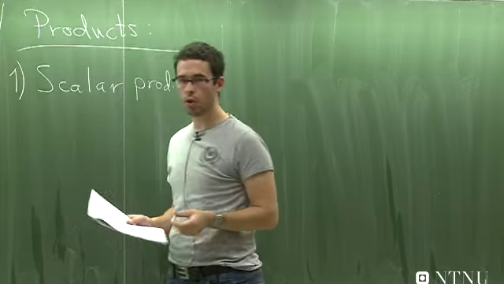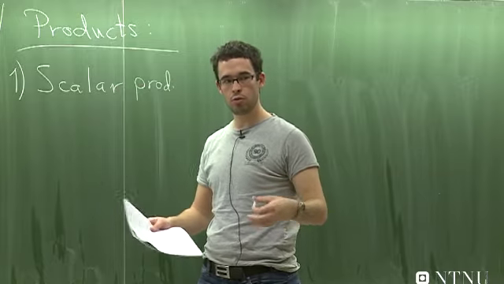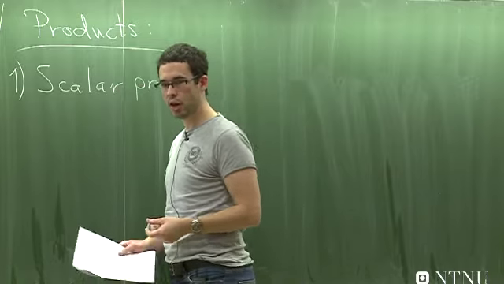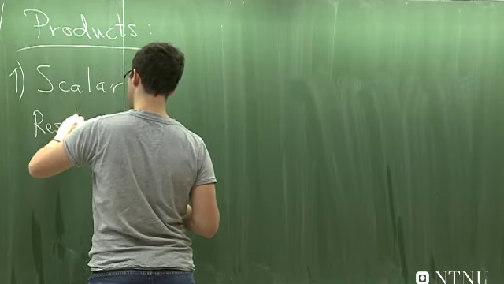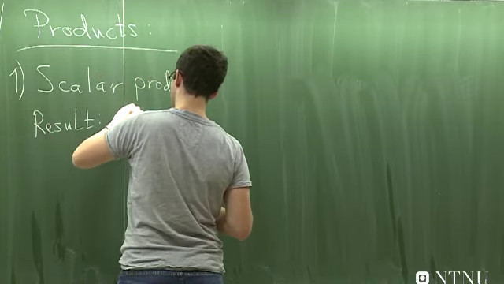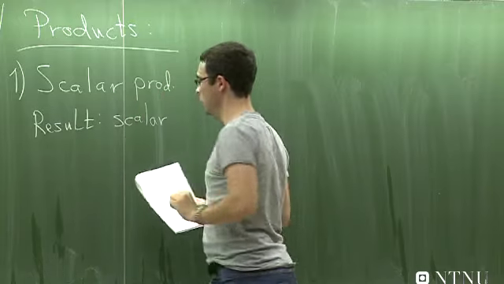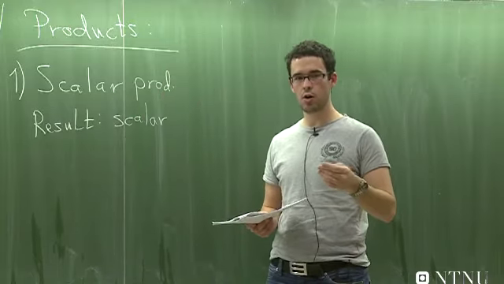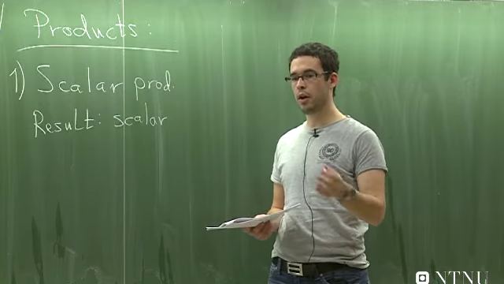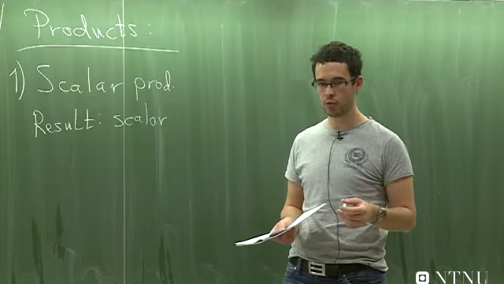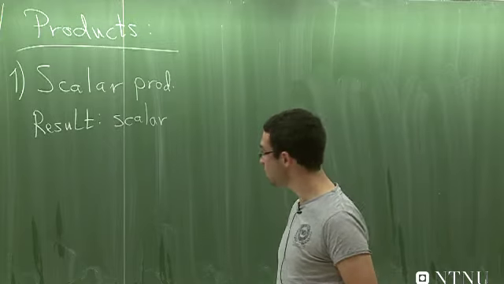The result of a scalar product is that you take two vectors, you form the scalar product, and you have a scalar afterwards. This is sometimes called a contraction because I start out with two rank 1 or order 1 tensors, and I end up with an order 0 tensor, which is a scalar.